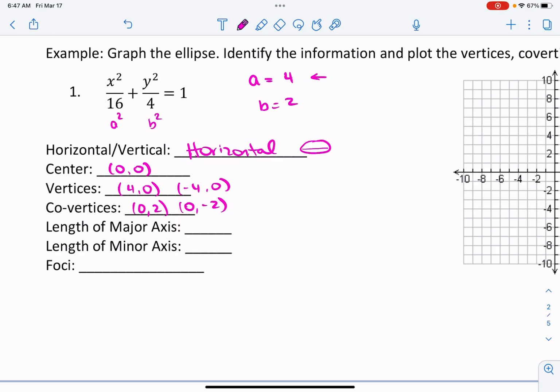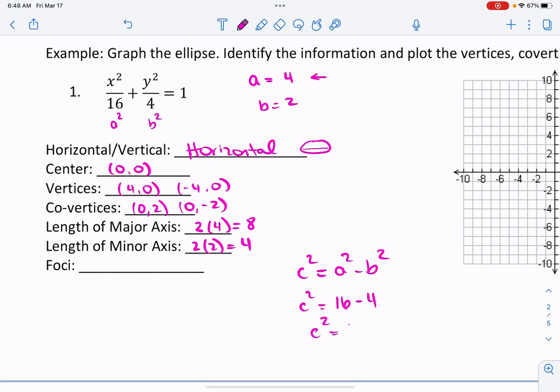The length of our major axis is 2 times our a value, because that's our major axis. So it's 8 units long. And the length of our minor axis is going to be 2 times our b value, which is 4. And then remember, to get the foci, you need to do c squared is equal to a squared minus b squared. So a squared was 16, b squared was 4, so we get 12.